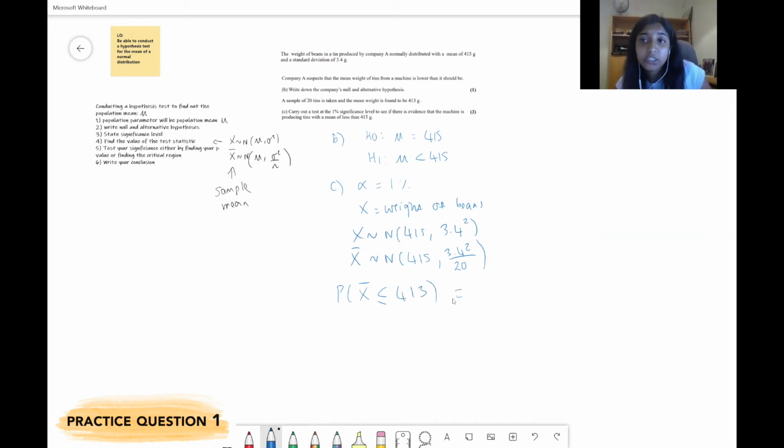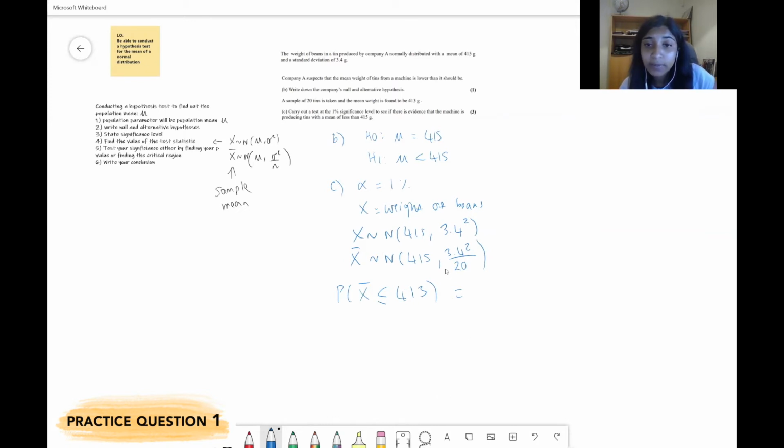We can just use our calculator for this, going onto our normal CD function. Our lower end that you would put in would just be minus 1,000, because it's all values below 413 and it would go all the way to a really low value. Your upper value would just be 413.